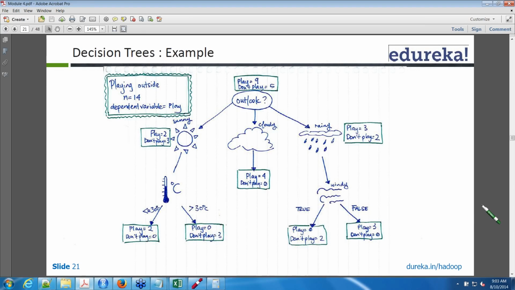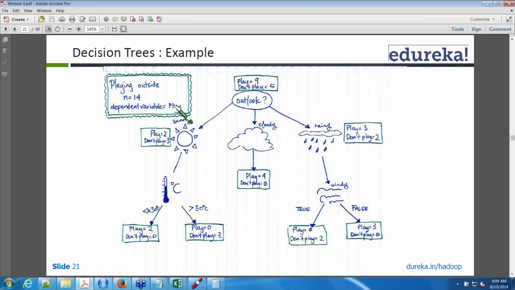So this is an example of a decision tree for weather identification. Here, the same thing is split into three: sunny, cloudy, and rainy. These three are categorical values. As I said, the uniqueness of a categorical variable determines how many splits happen when you apply a decision on that column.